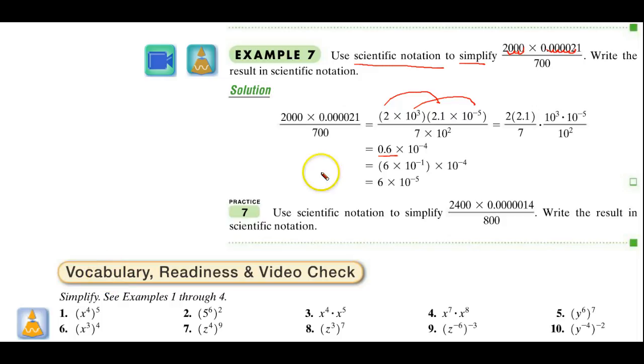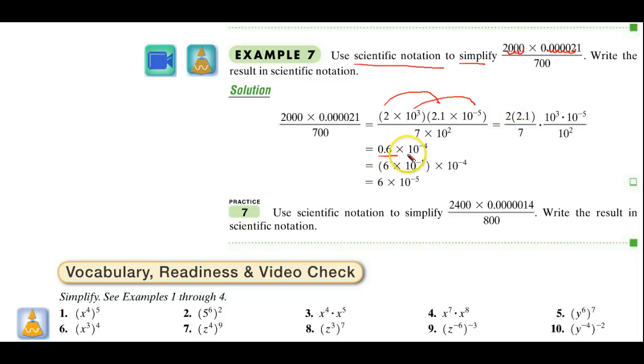well, I guess I'm getting ahead here because I had to do the denominator also. So the 700 is 7 times 10 to the 2nd. So when I brought that up, that was a negative 2 and negative 5 is negative 7. Positive 3 gave me my negative 4. And when I did this division, divided by 7, I get the 0.6.